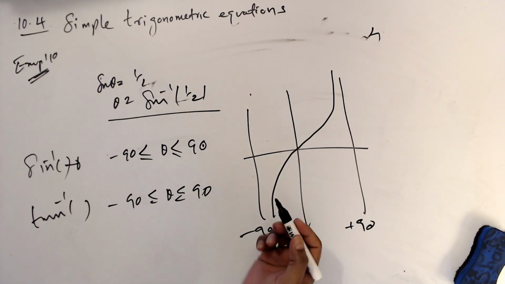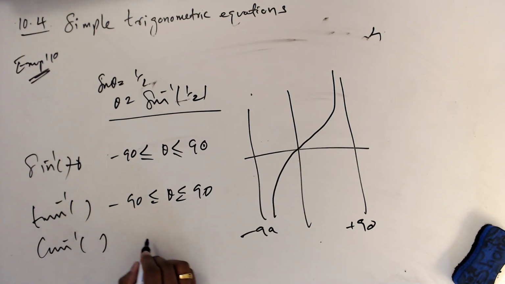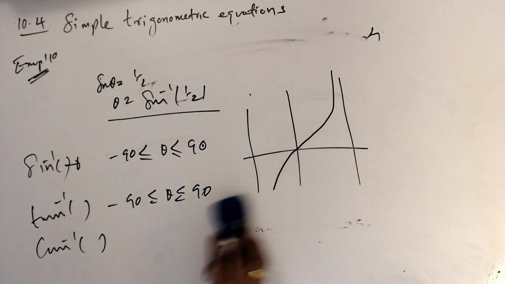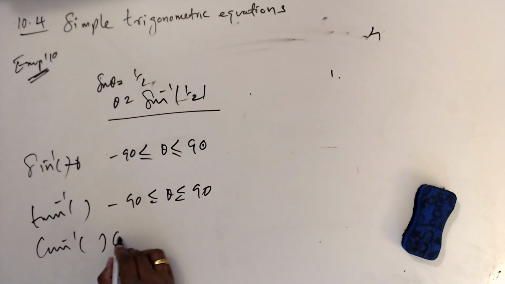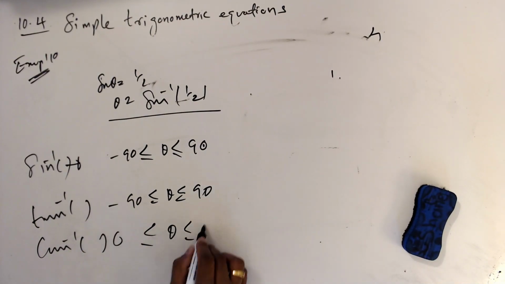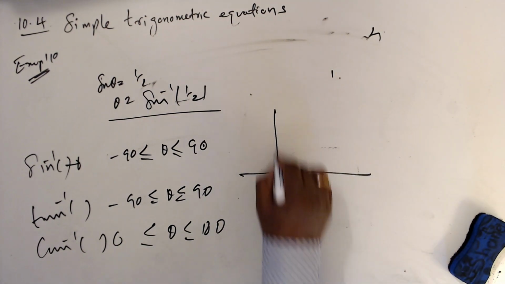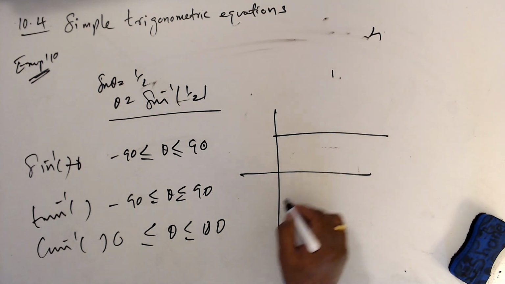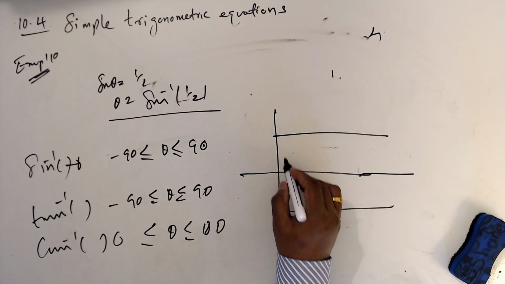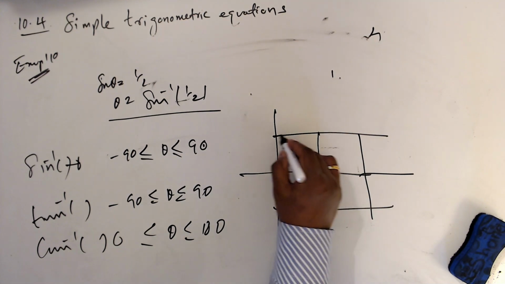Then cos inverse is different. That is theta from 0 to 180.